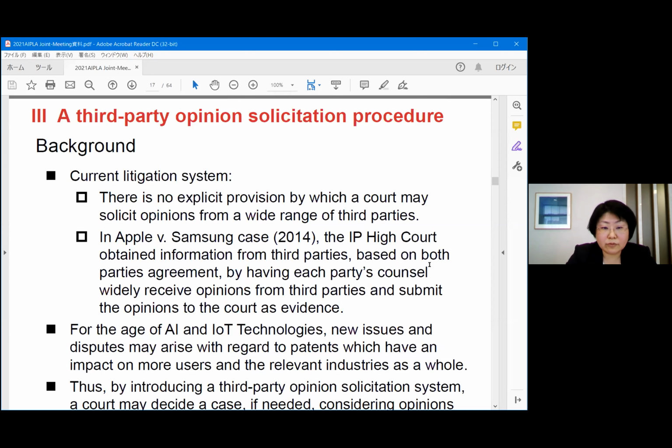That is the Apple Samsung case in 2014. The IP High Court obtained information from third parties by having each party's counsel widely receive opinions from third parties and submit them to the court as evidence.